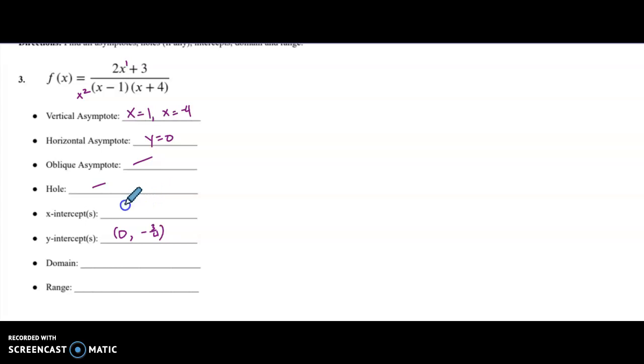For the x-intercept, we said we're going to set the numerator equal to 0, because your y value is 0, right? So that's going to be 2x plus 3 equals 0, and x is going to equal negative 3/2. So negative 3/2.